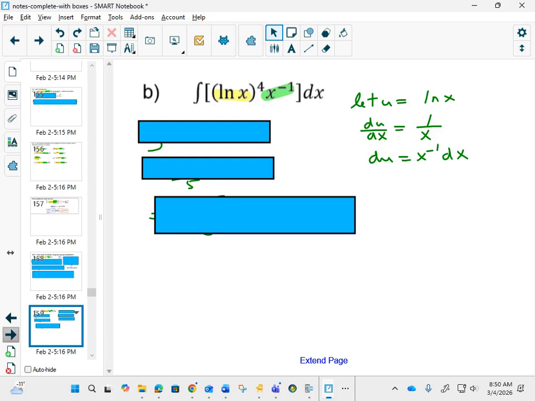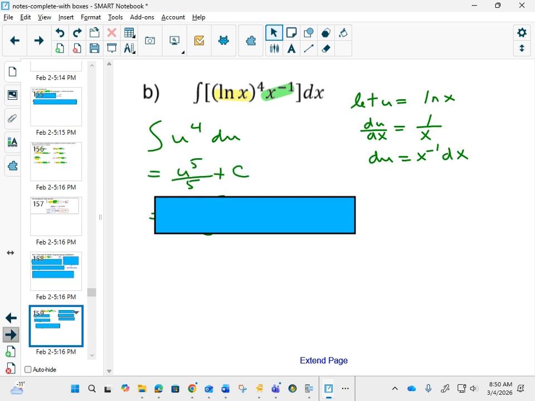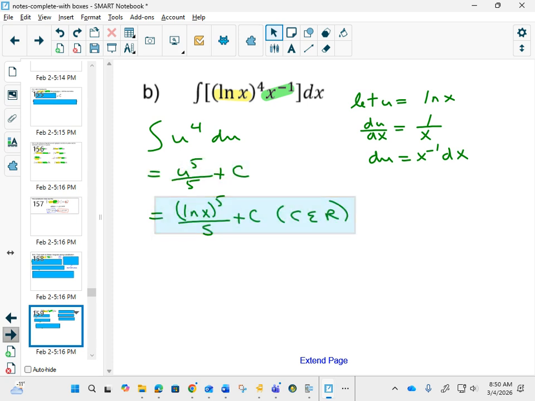So that means the yellow part can be replaced with u, and the green part and the dx can be replaced with du. And again, you just get this simple looking function. Add 1 to the exponent, divide, plus c, and then substitute back.